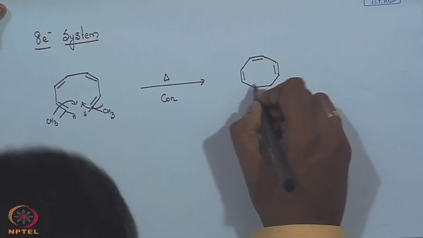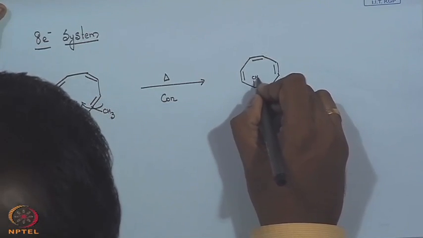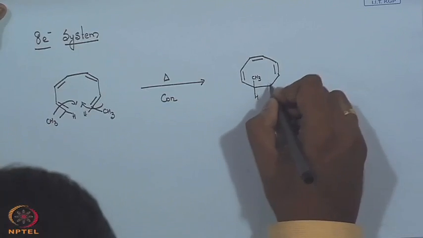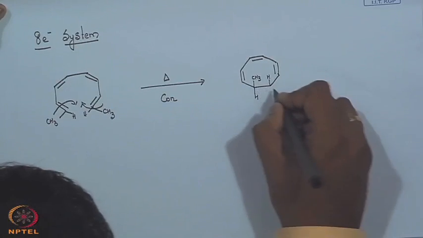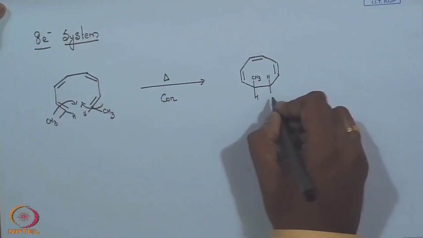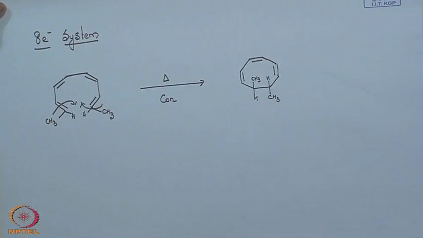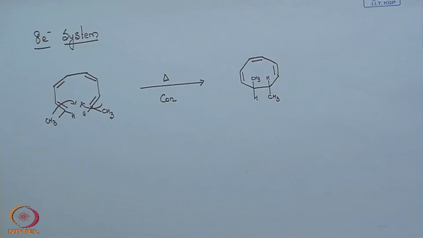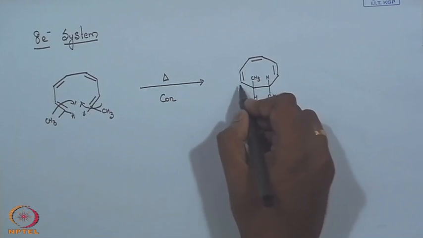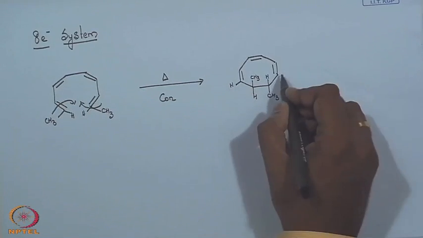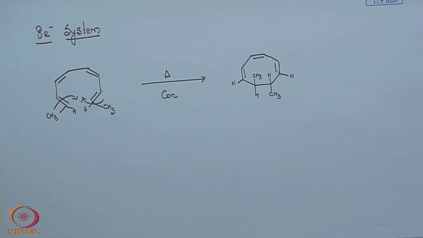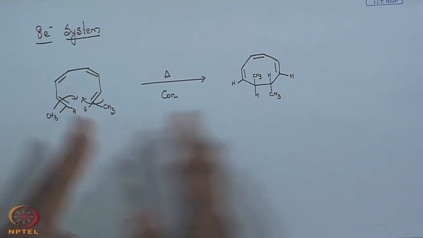So, your methyl should be up in this case, hydrogen should be down, and in this case hydrogen should be up and methyl should be down. See. So, you get this product on con rotation, clear, and if you want, you can have your hydrogen here, right. Now, see, this is fine, 8 electron system.